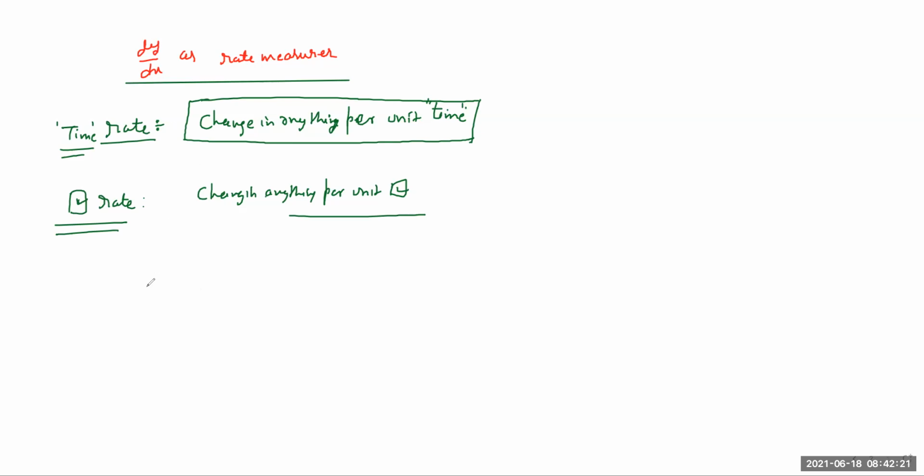So let's say I choose one variable as anything, y, and the other variable is time. So let's say there is a particle which is moving along the x-axis. Imagine. So I draw the particle like this. At t equals 0, the particle is here, we can say x naught. And at some time t, the particle is at x.